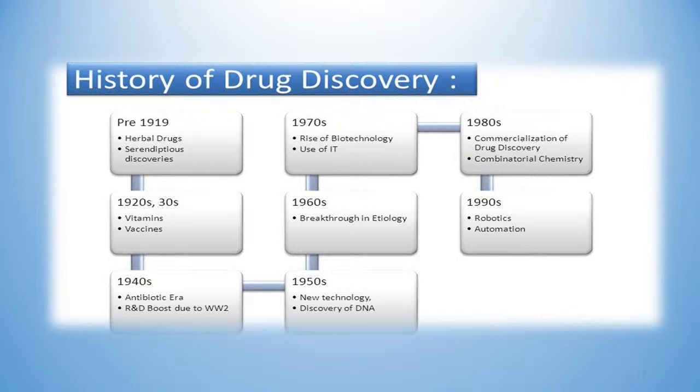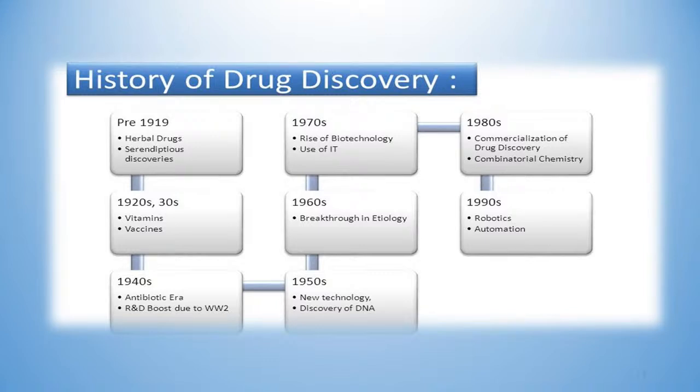Tetanus. If you interact with any iron material or steel material which has rust, definitely we will go for TT, tetanus toxoid. So it was discovered in 1924. Then the development of vaccines in the 1940s is known as the antibiotic era.